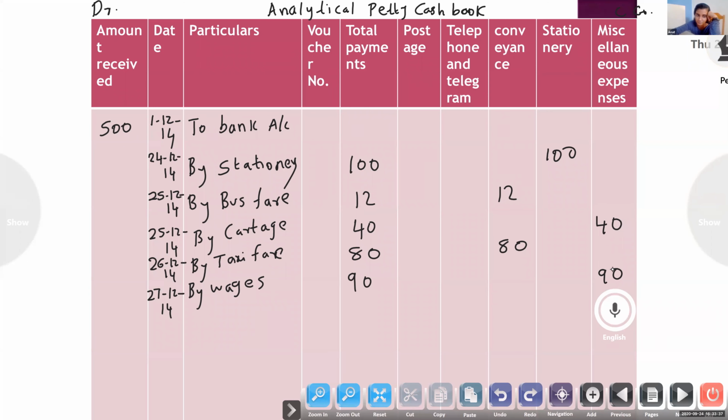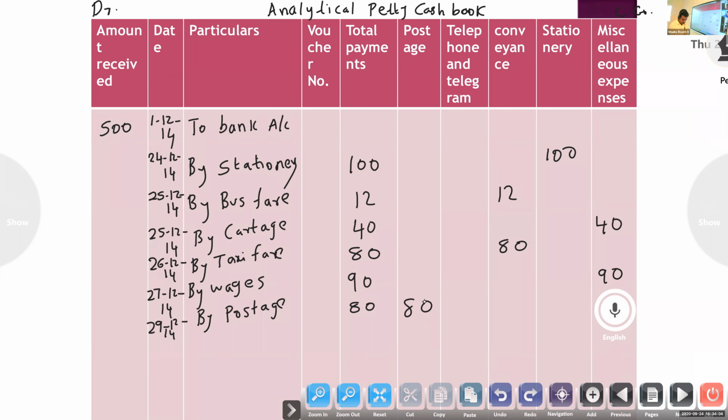Next, 29th, by postage 80. Which column? Anjo? Postage.